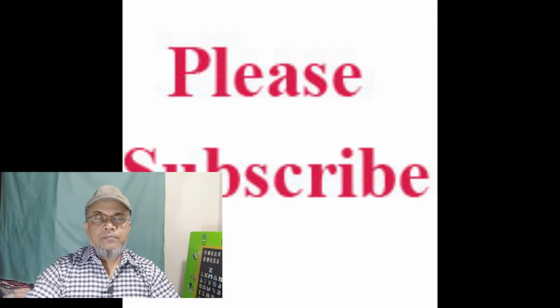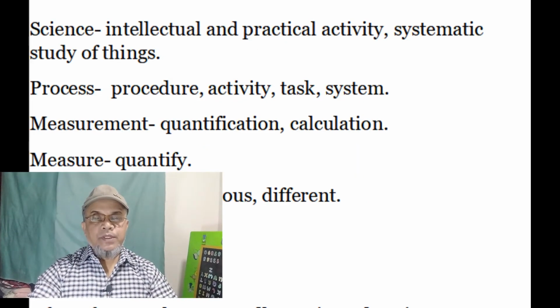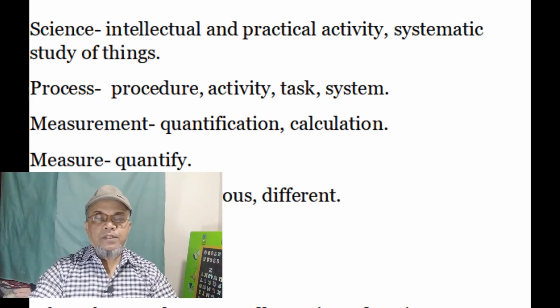clothes. Now some meaning. Science means intellectual and practical activity, systematic study of things. Process means procedure, activity, task, system. Measurement means quantification, calculation. Measure means quantify. Various means many, numerous, different.